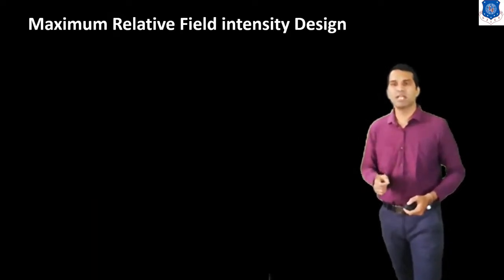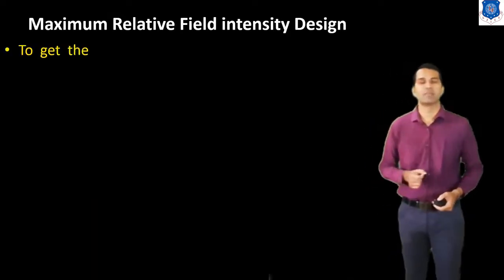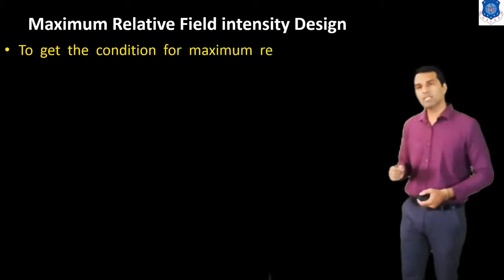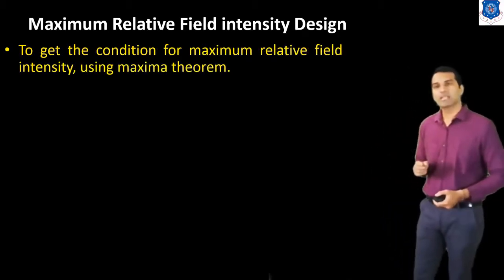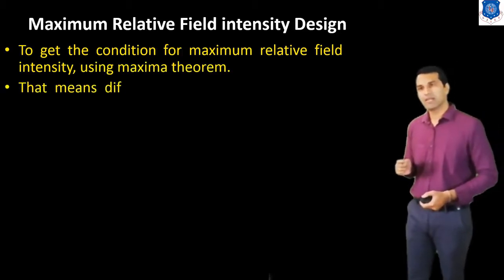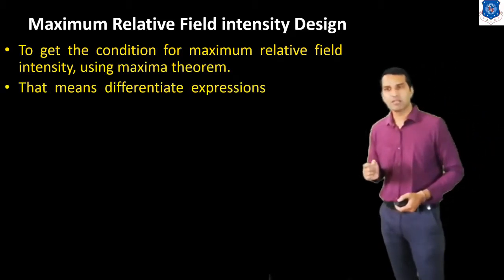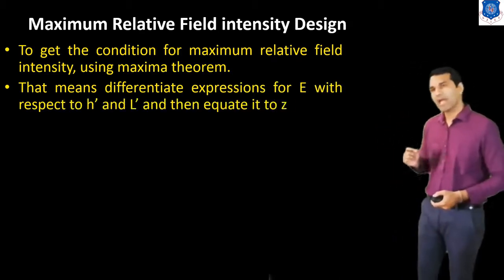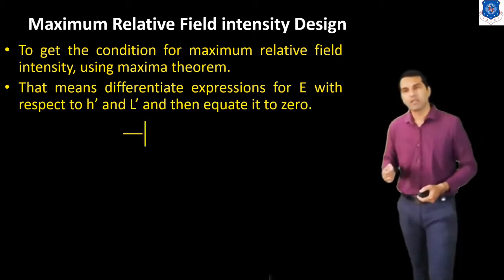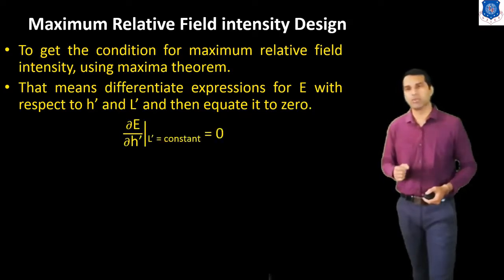Now, the maximum relative field intensity design. To get the condition for the maximum relative field intensity, using the maximum theorem, we differentiate the expression for E with respect to h dash and L dash, then equate it to 0.